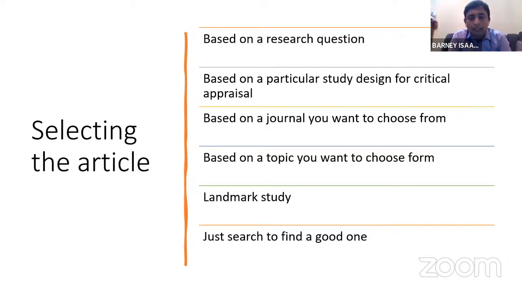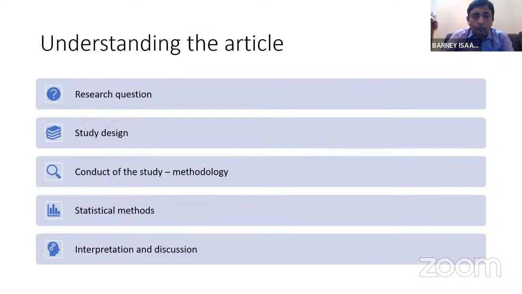Sometimes there are landmark studies which are published, which have changed the course of a particular practice in a particular specialty. So that sometimes is the reason why you select an article. But sometimes it's just about selecting a good one just by searching on the web.